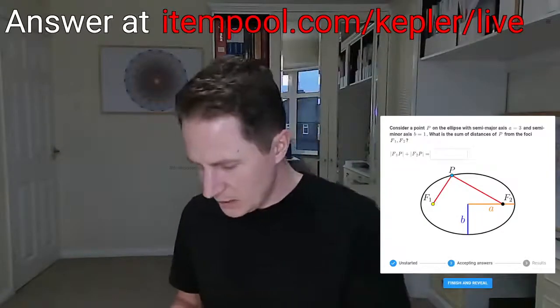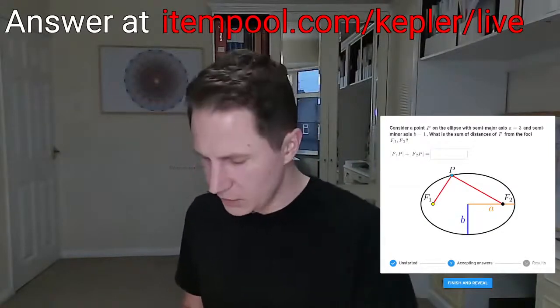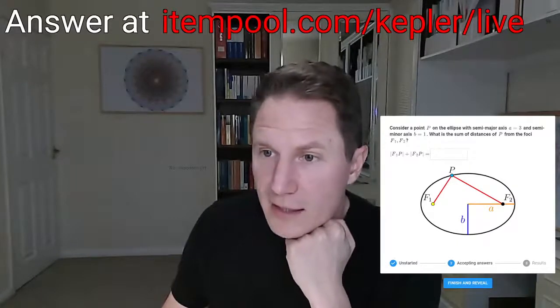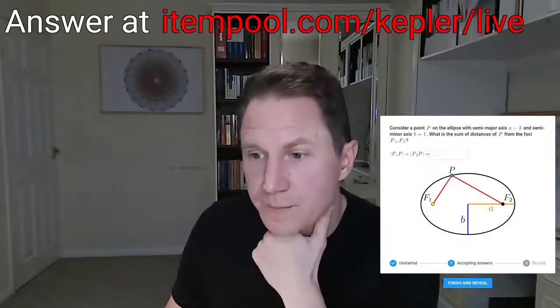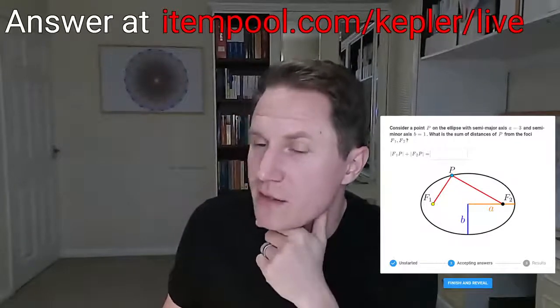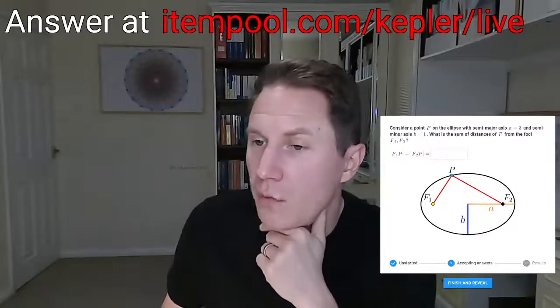So the next question is about ellipses, and it says that we have a point P on the ellipse which has a semi-major axis A equals 3 and the semi-minor axis B equals 1. And the question is, what is the sum of distances of P from the two focus points F1 and F2?